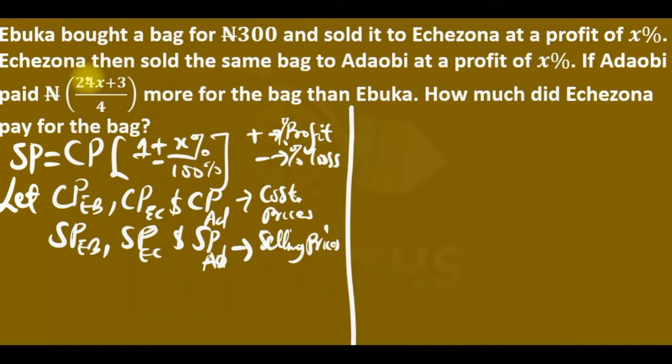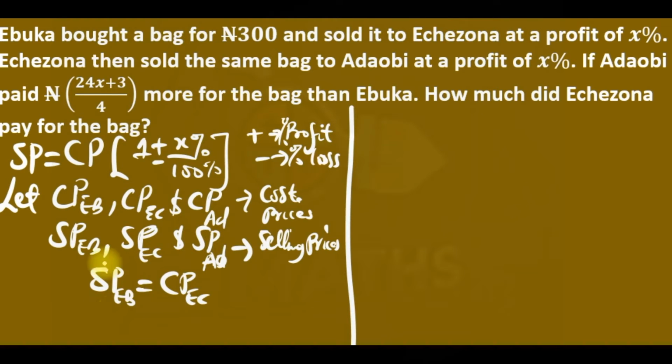From the first statement, Ebuka bought a bag and sold it to Echezona, so the selling price of Ebuka is now the cost price of Echezona.